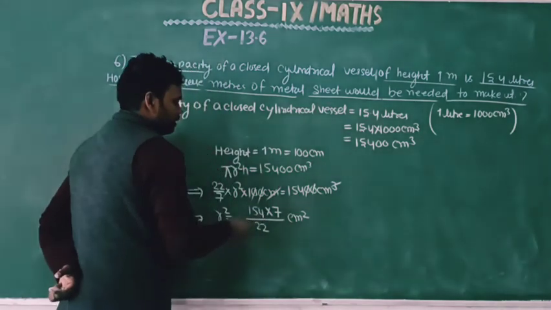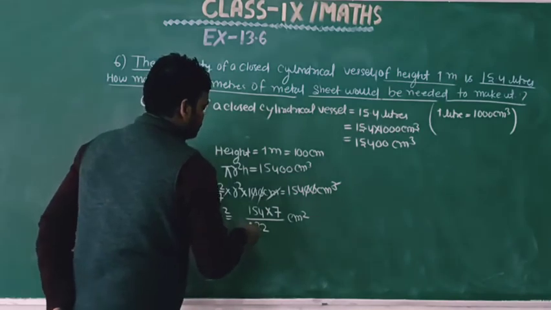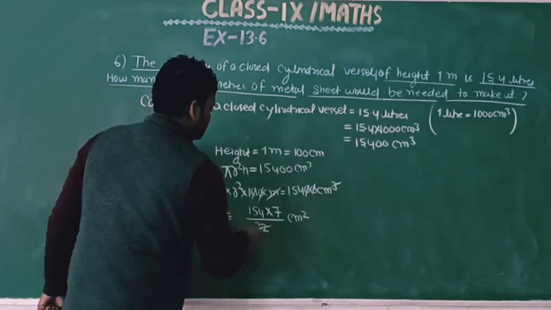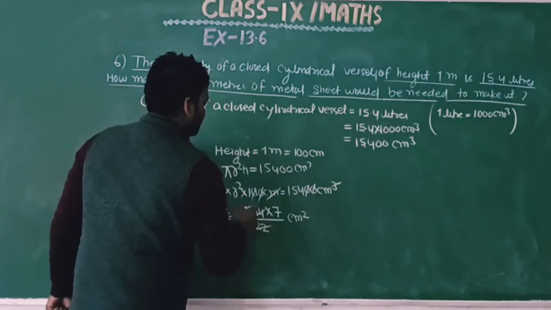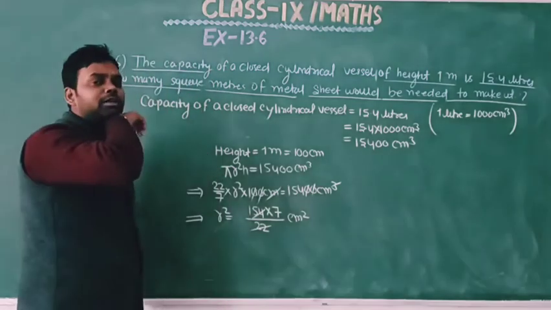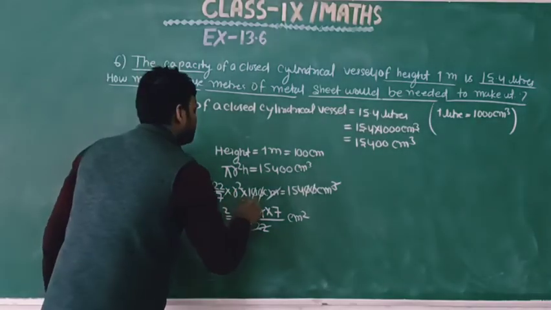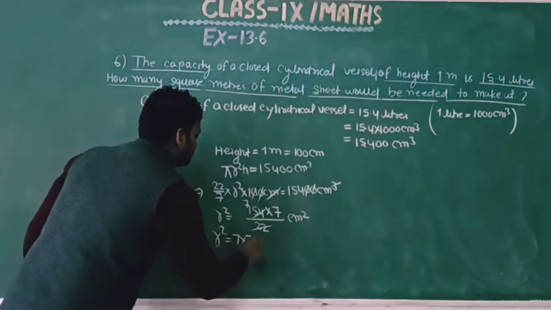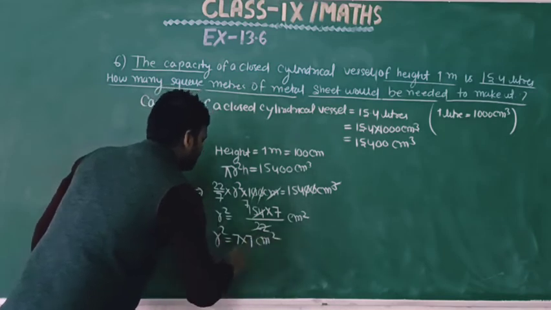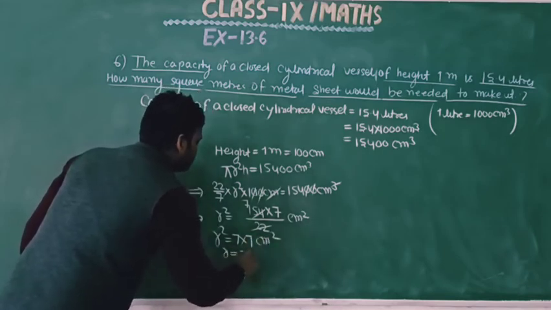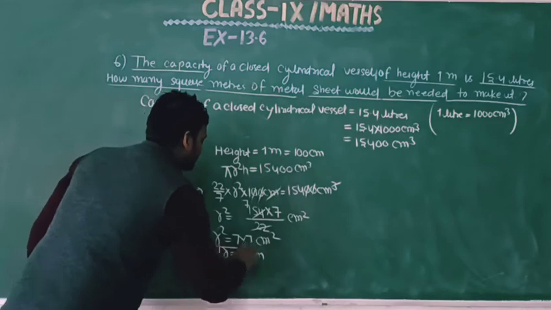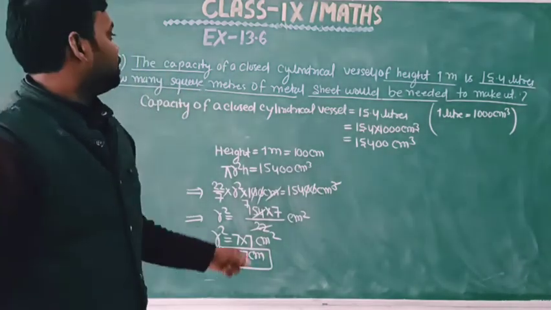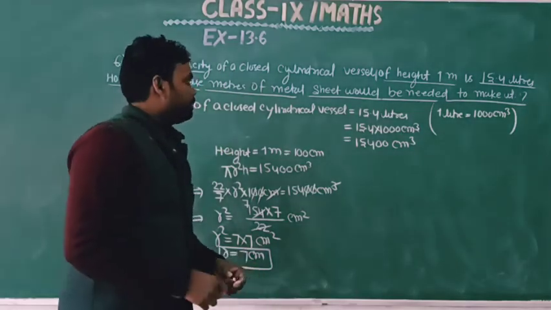Now simplify: 154 divided by 22 is 7, so r square equals 7 into 7 centimeter square. So r equals 7 centimeter. The radius of the base of the cylindrical vessel is 7 centimeter.